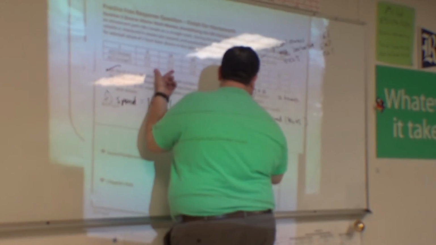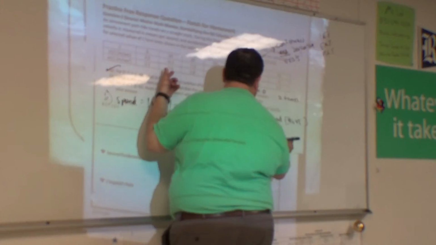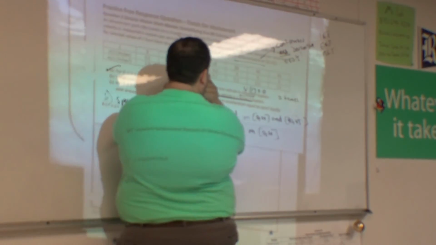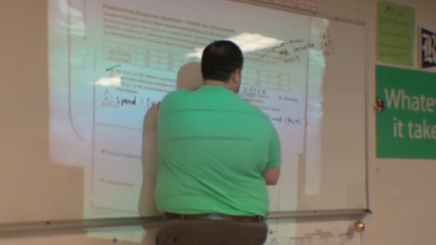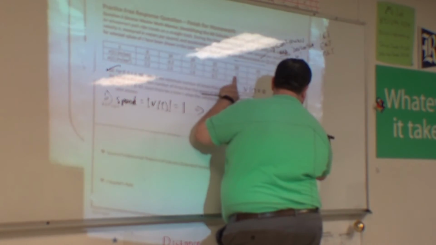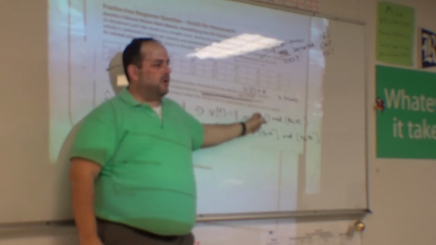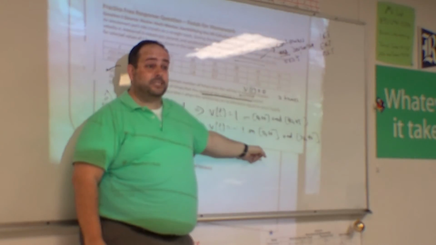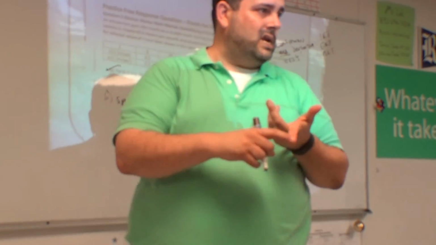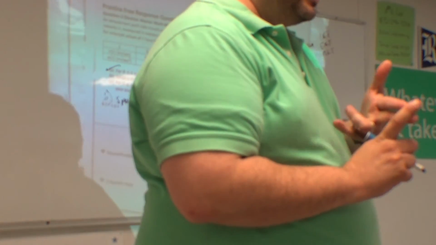So I'd say on the interval 0 to 10 and anywhere else. 30 to 40. The importance of this interval being listed twice is that 2 things happen. The velocity is equal to 1 and the velocity is equal to -1.